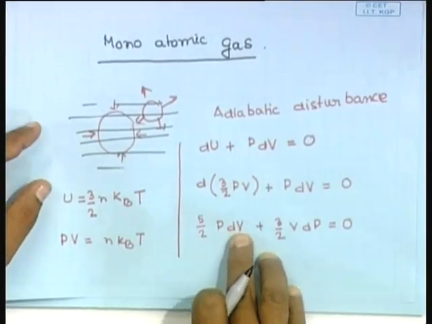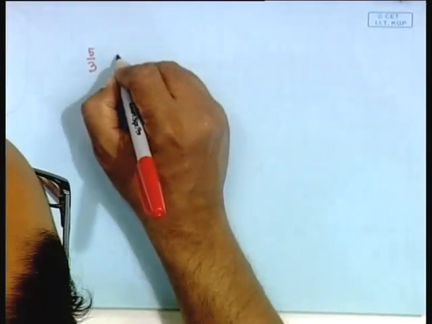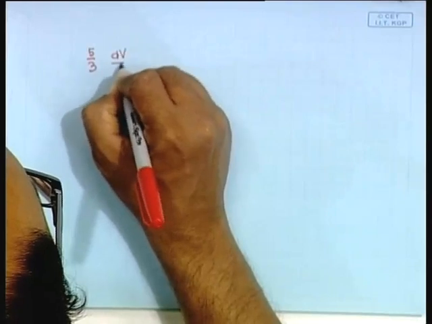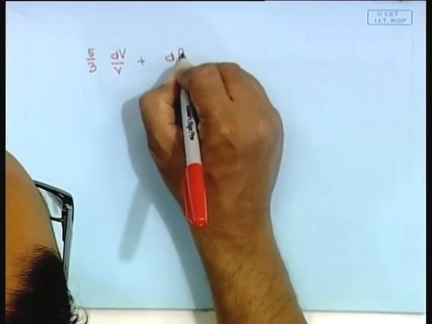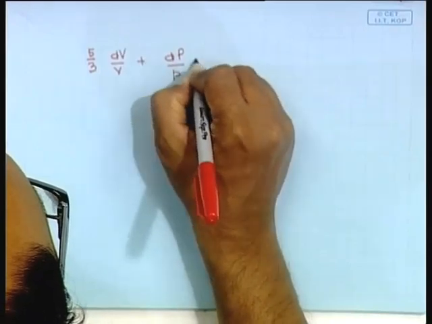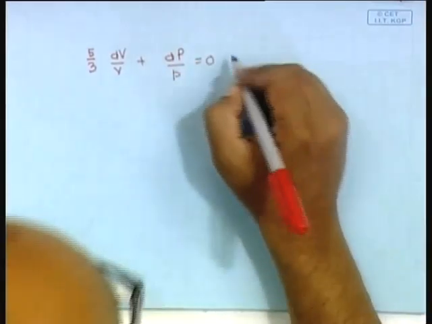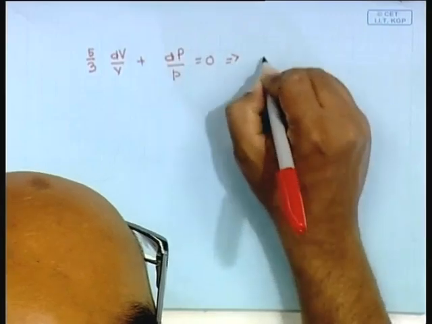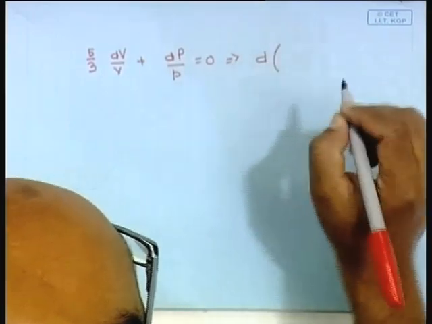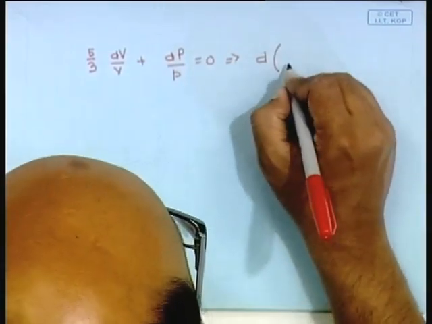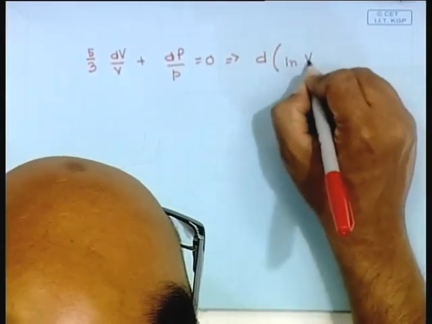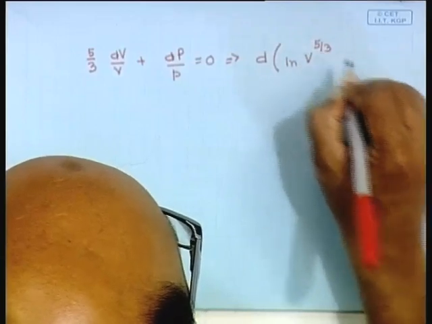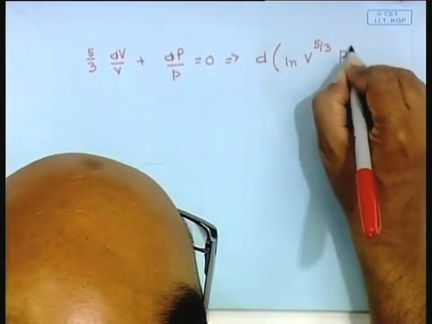What I have is dV/V, which implies that the derivative of ln(V^(5/3) P) is 0.